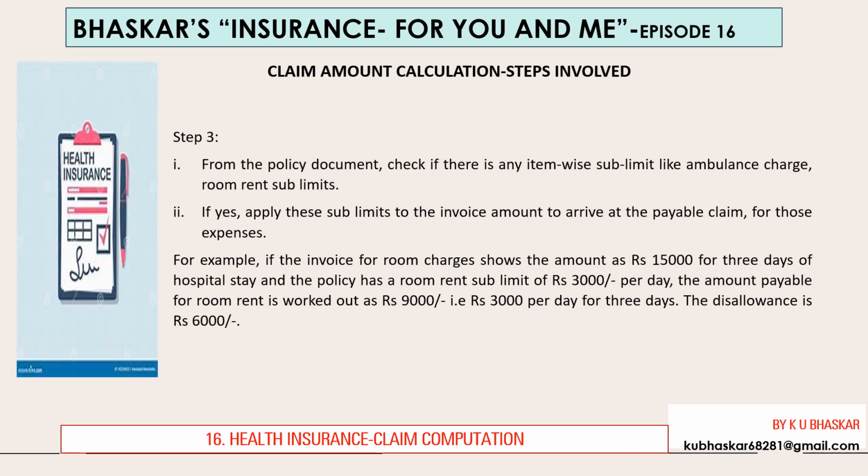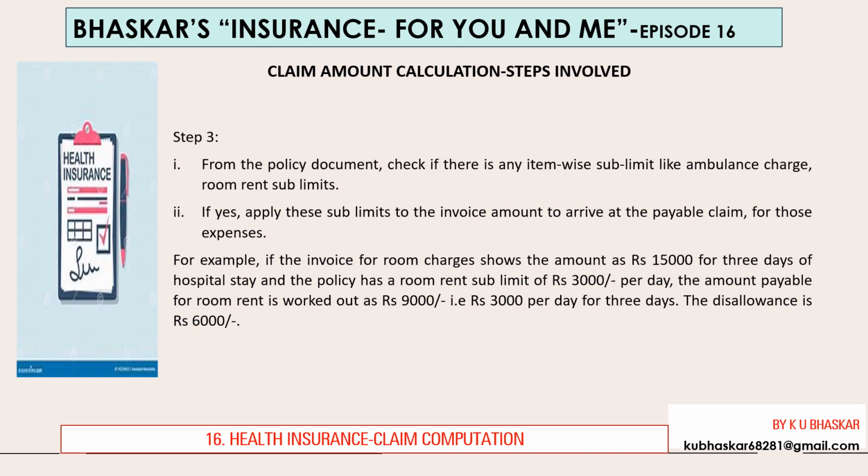The next step, from the policy document, check if there is any item-wise sublimit like ambulance charge sublimit or room rent sublimit, etc. If yes, apply these sublimits to the invoice amount to arrive at the payable claim for those expenses.